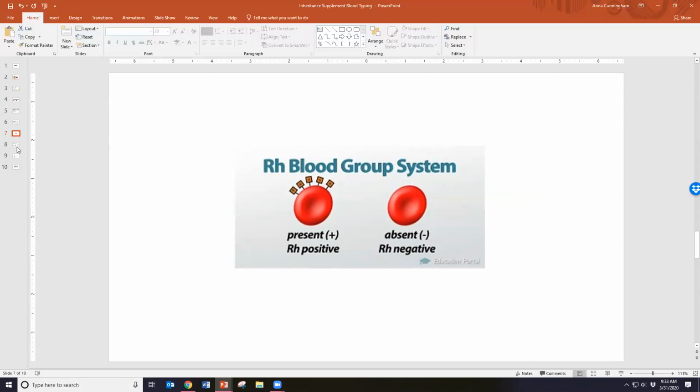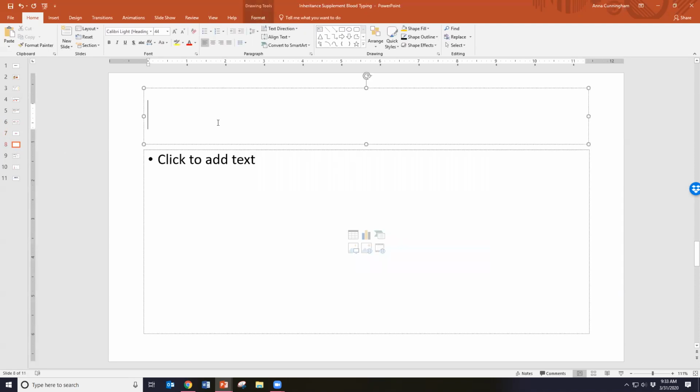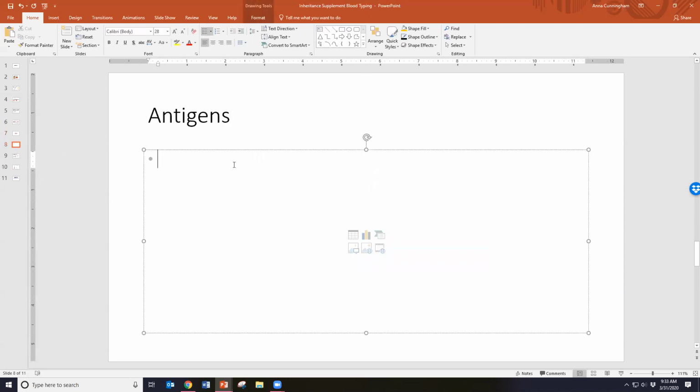So the question was, how do the antigen proteins protect the red blood cell? The answer is a little bit complex. Antigen proteins don't necessarily help protect the red blood cell. What antigens do as a category is help identify a cell.